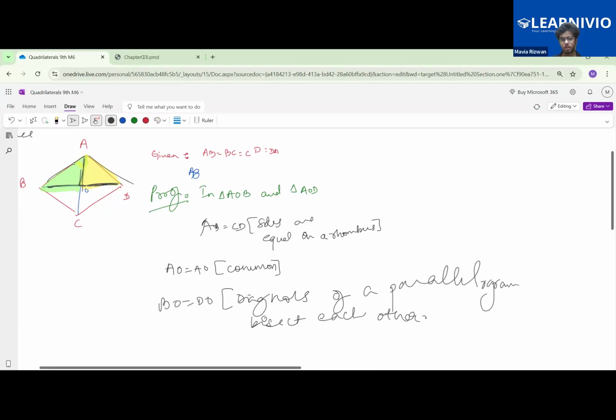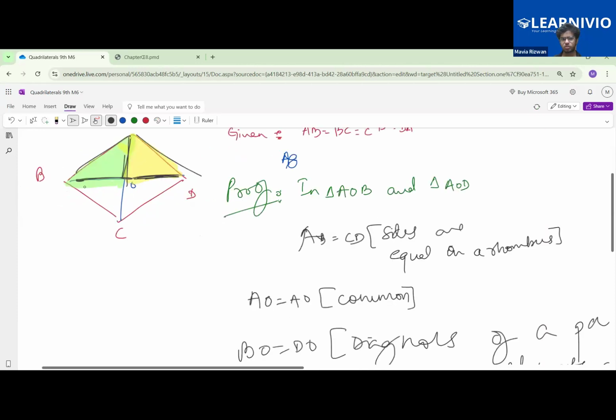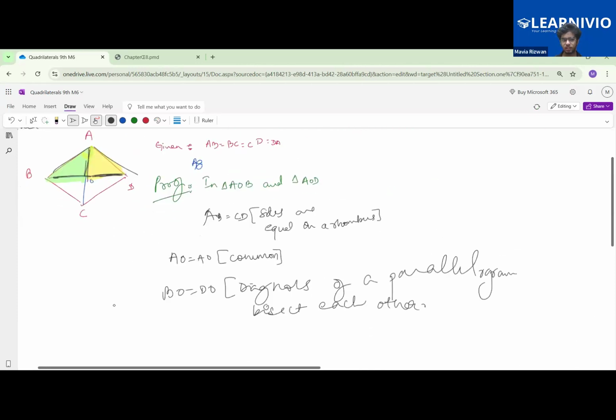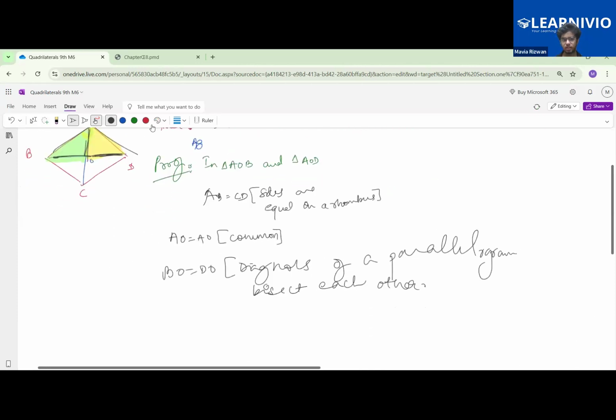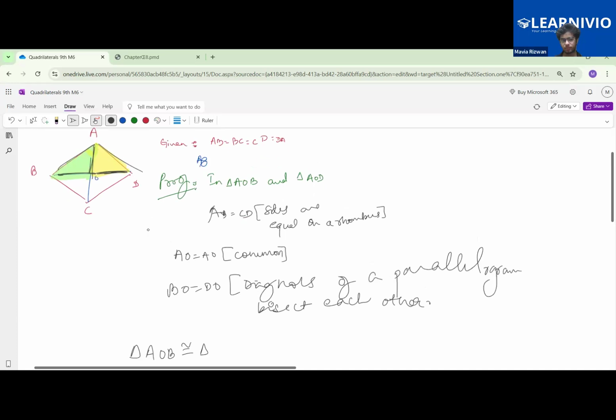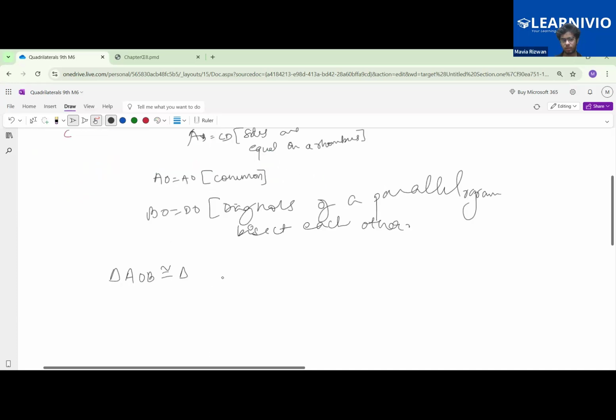Okay. Now we have proved these three sides equal to these three sides. We can say triangle AOB is congruent to triangle AOD by SSS criteria.